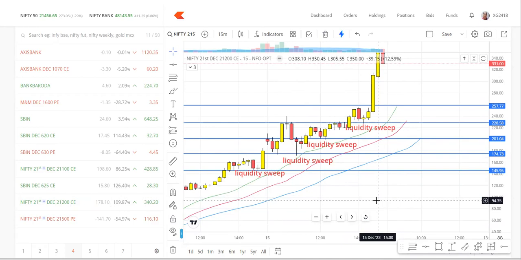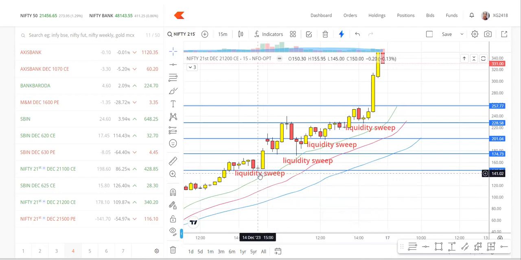So if you keep your mind straightforward, and analyze the chart as well as the price action of the option premium, you can see it is making a higher high. If you see the previous day, it was a higher low and a low here, and today the premium has made a higher high, but is not going to this low.